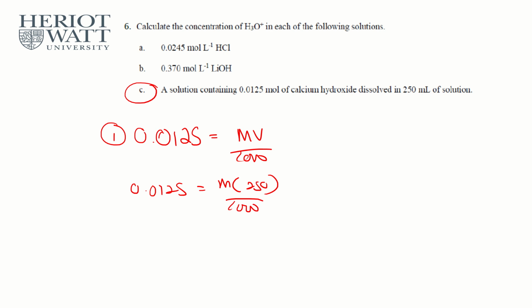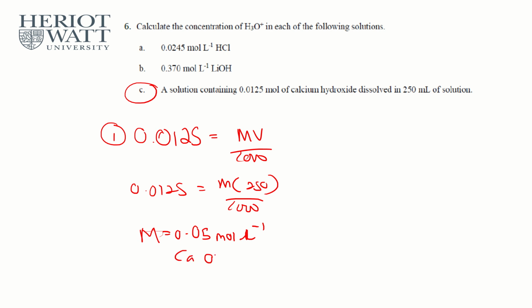Divided by 250, you get 0.05. So m equals 0.05. This is mole per liter. So now we got the concentration of calcium hydroxide.